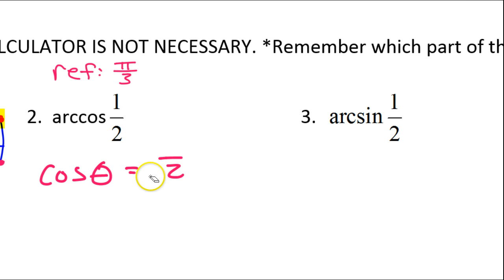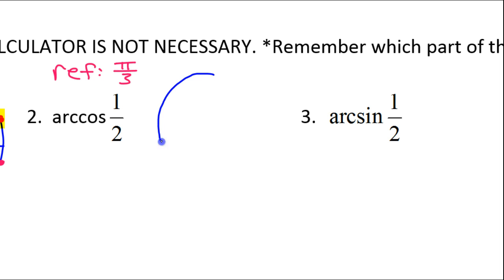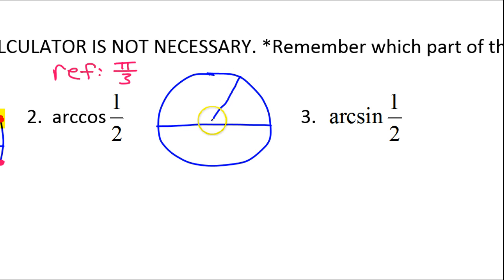Now let's go ahead and draw the diagram. Since the reference angle is pi over 3, I'm going to draw some pi over 3's. See how there are 3 in the top half?